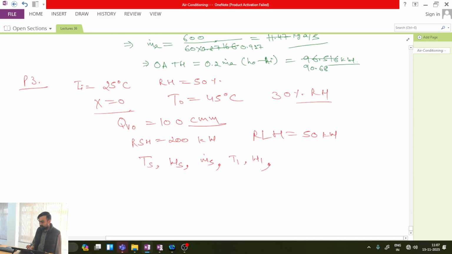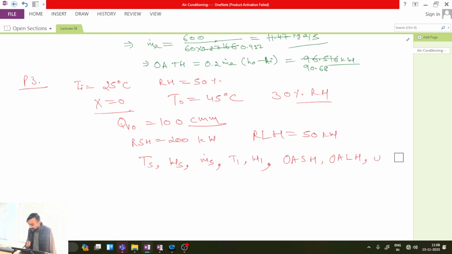So T1 and W1, and then we also need to calculate outside air sensible heat, outside air latent heat, and then room total heat RTH and OATH. So these are the things which are to be calculated.